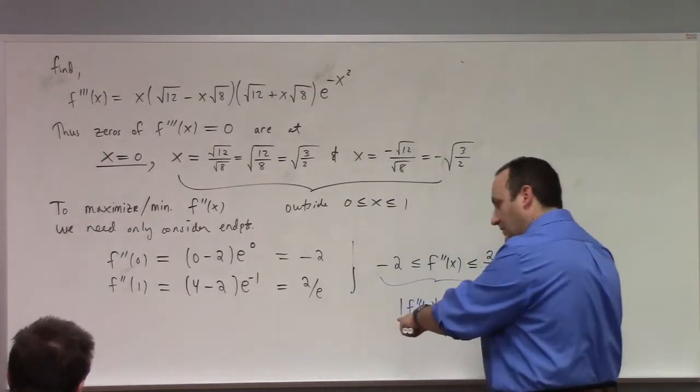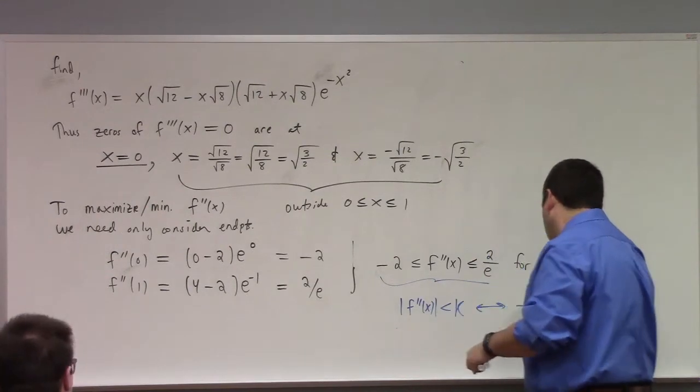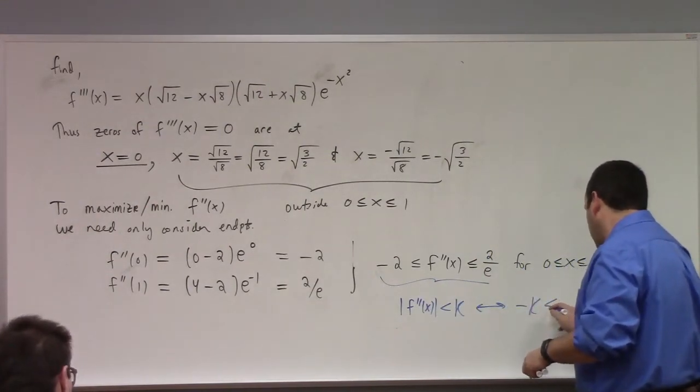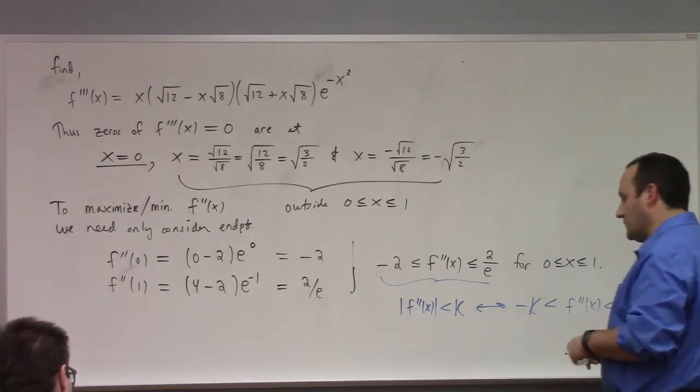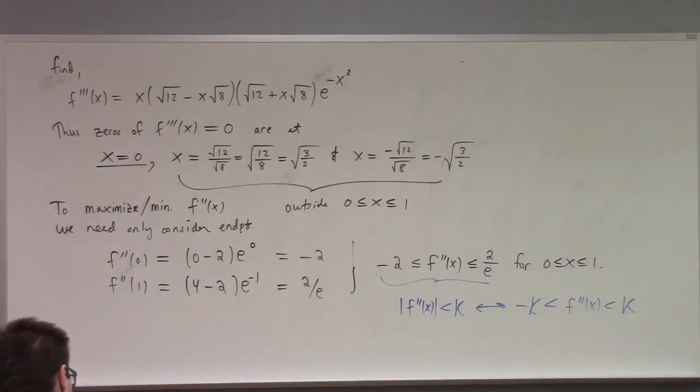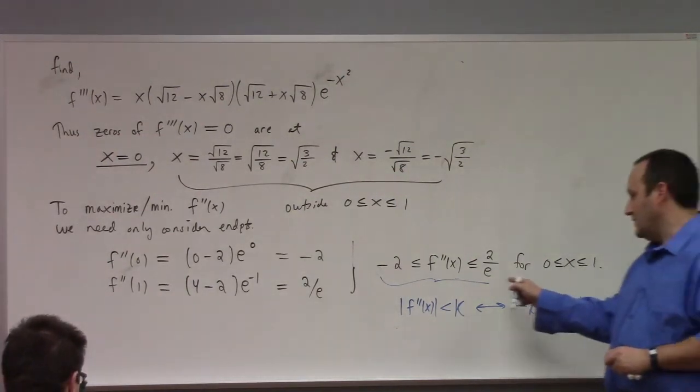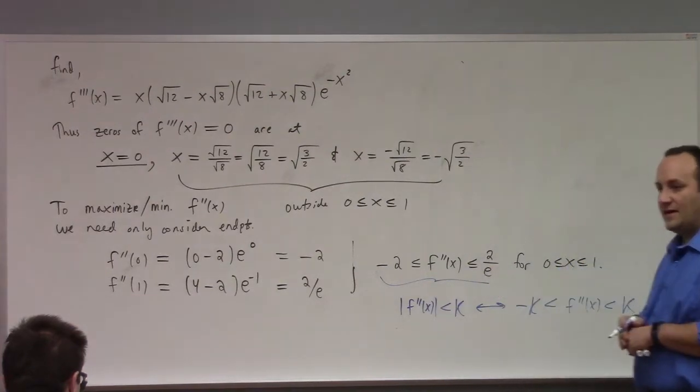Now, this inequality is equivalent to saying minus k is less than f prime prime of x is less than k. If you have the absolute value is bounded above by k, that means it's between plus or minus k. So you tell me, what should I make k given the calculation that we've done? We've established this inequality right here. What should I make k equal to?